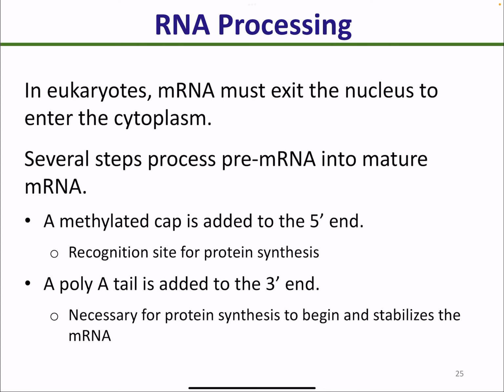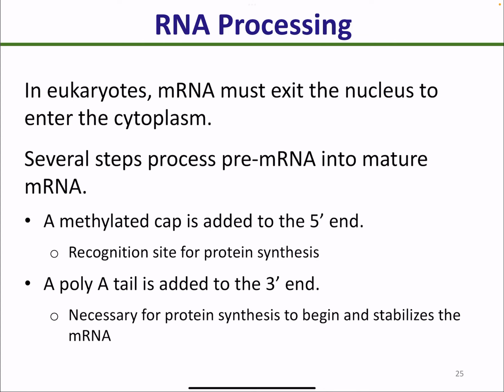Now, in eukaryotic cells, the messenger RNA is hardly used as is. It has to be processed after being produced. So that processing tells you that the messenger RNA that is going to be converted into protein is not actually the initial messenger RNA.